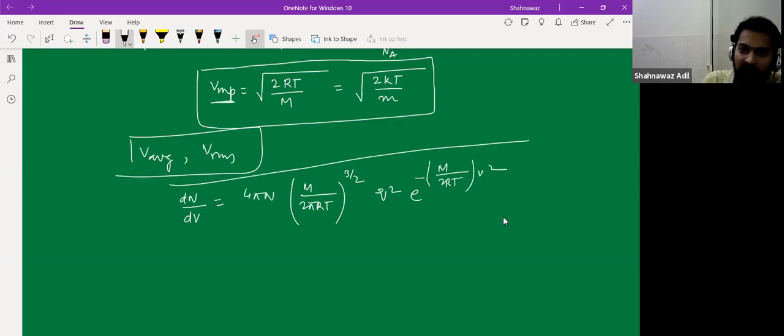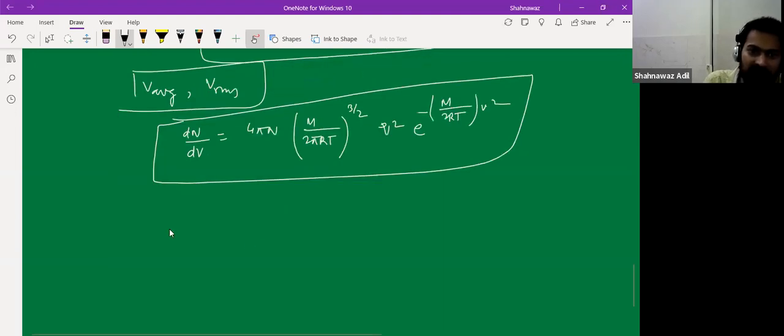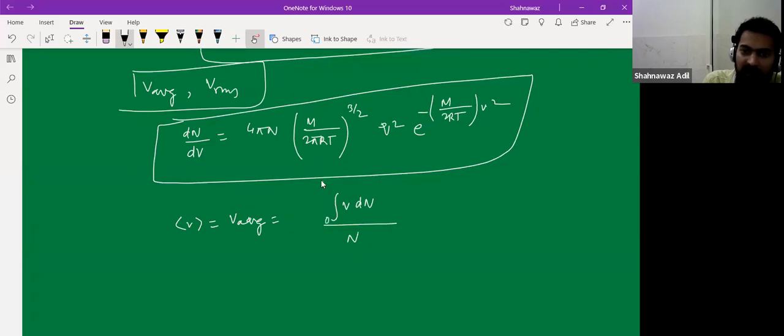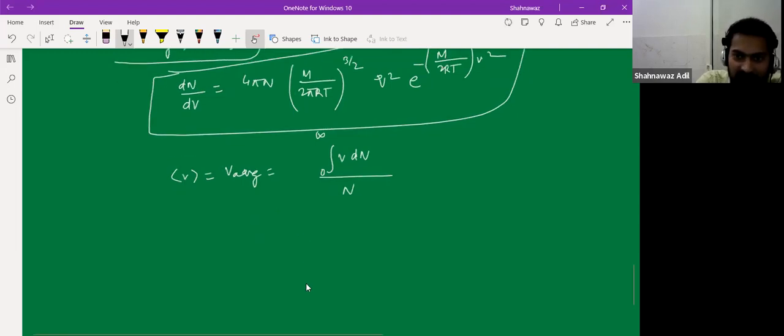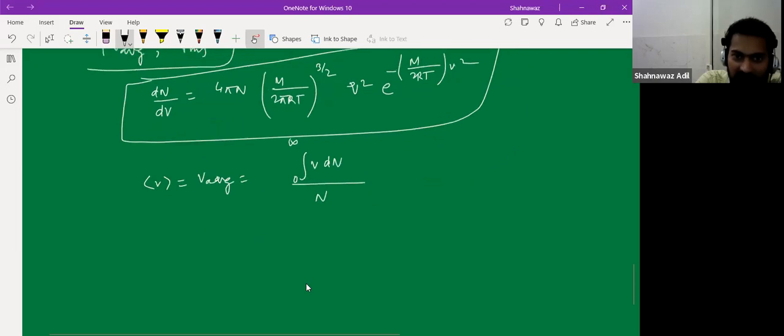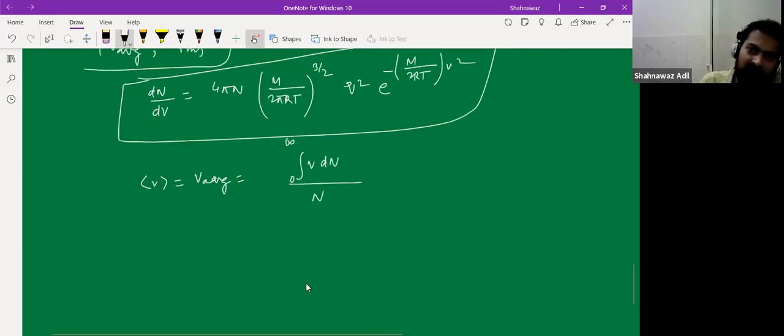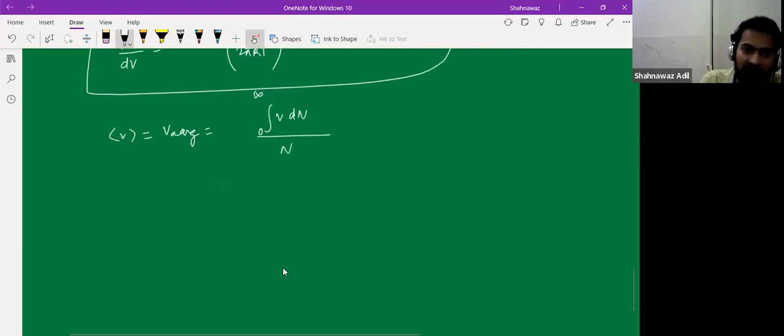So this was the Maxwell distribution, and as I already told you, what will be the average velocity? The average velocity, which is defined like this, is integral of v dn by n, right? 0 to infinity. I will give you a hint. Let me do one part and then I will leave it to you.